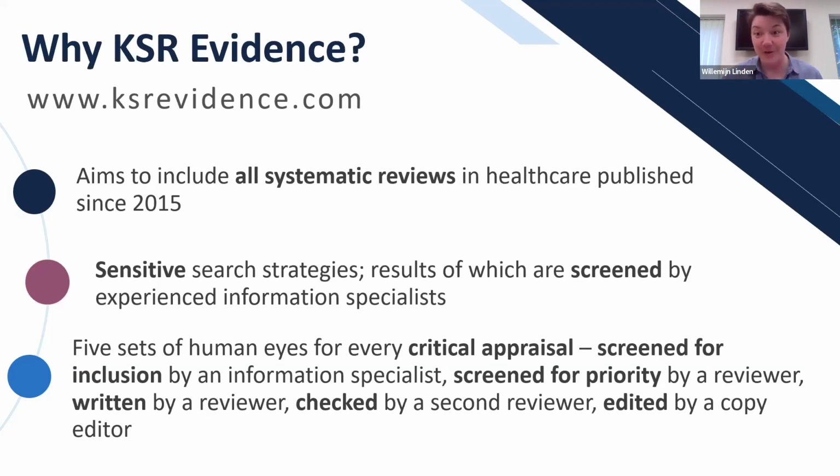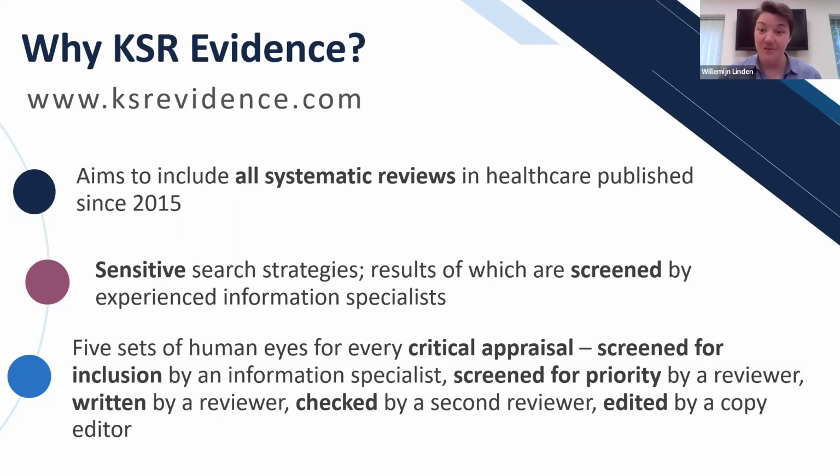We still aim to include all systematic reviews in healthcare. We have highly advanced search strategies developed by our in-house information specialists that find everything related to systematic reviews. And those results are then screened by those same experienced and qualified information specialists. Every record on KSR Evidence has been screened for inclusion.